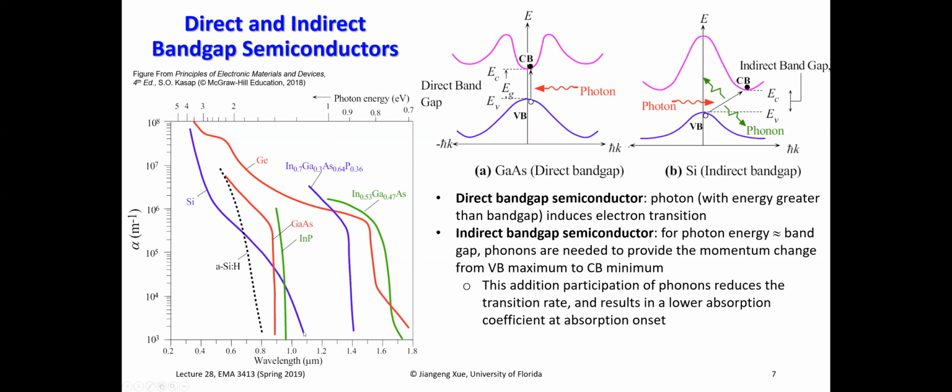So even though the absorption can still happen, the corresponding absorption coefficient will be lower than in gallium arsenide at the same energy difference above the band gap. This also means that the phonon has a little bit of energy, so the minimum photon energy that can induce this transition in the indirect bandgap semiconductor could be just slightly below the band gap, very small, tens of meV.